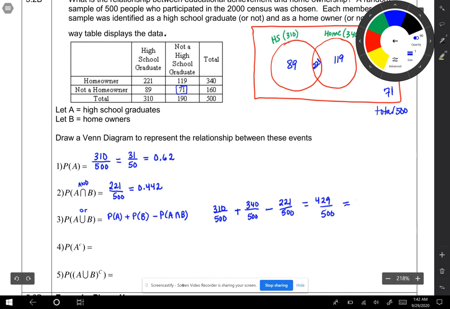If you would put it in decimal proportion form, like 0.858.